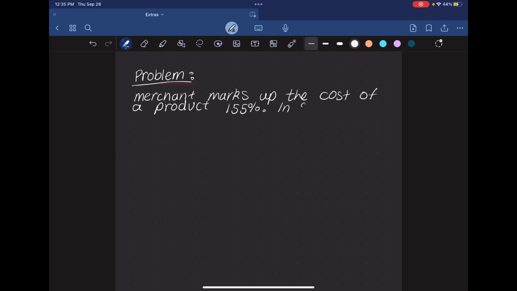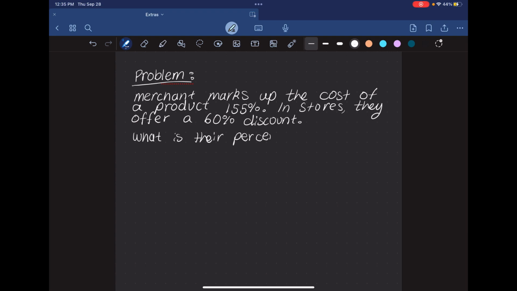And then in stores, they offer a 60% discount. And we want to figure out what is their percent profit.